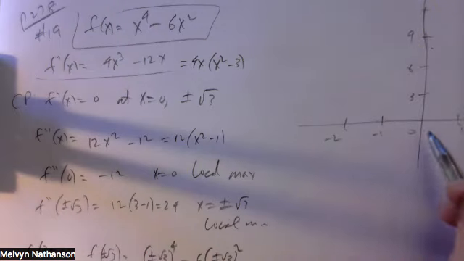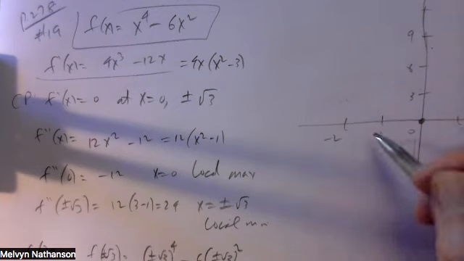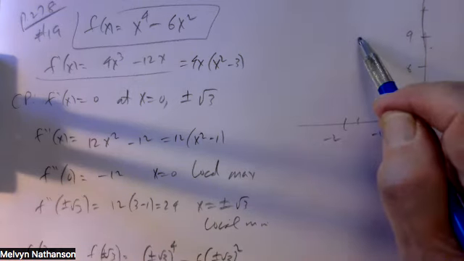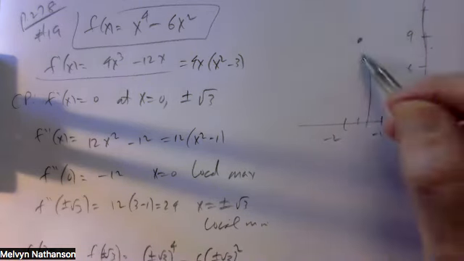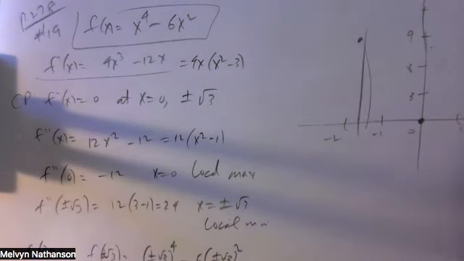So f of 0 is 0, and f of minus root 3 is minus 9. So this is minus root 3, and this is plus root 3. So here we have a local maximum, and here we have local minima.